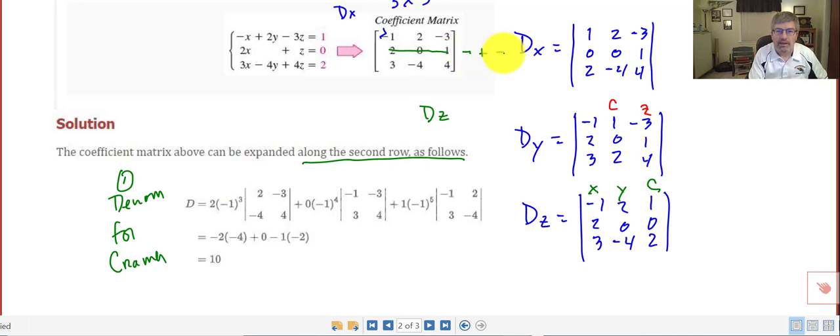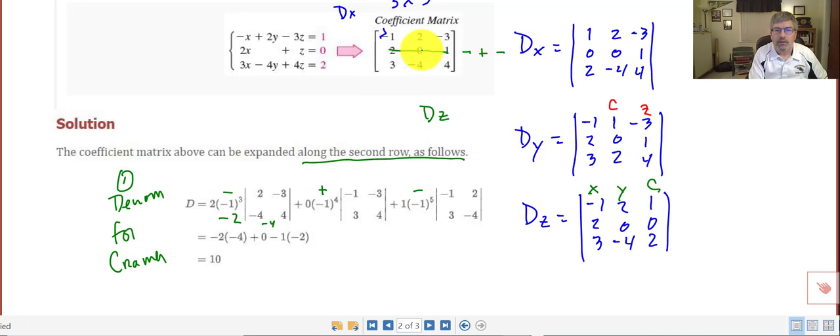That's why we have negative 1 cubed, because that's our negative, then our positive, and negative 1 to the fifth is our negative. So using the 2, we calculate the determinant of our 2 by 2, which is negative 4. So we have negative 2 times negative 4.